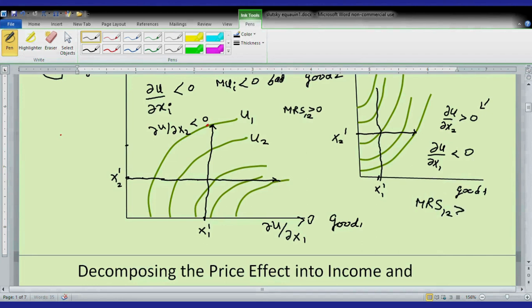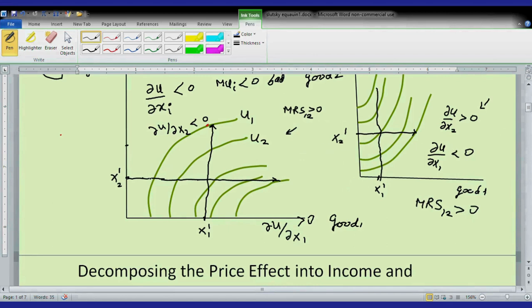This is happening in both cases: in this case where good 1 is a good good and good 2 is a bad good, and in this case as well where good 1 is a bad good and good 2 is a good good. So the question is how can we be sure which one of the two goods is a good good? MRS greater than 0 only suggests that one of the goods is a bad good and the other one is a good good.